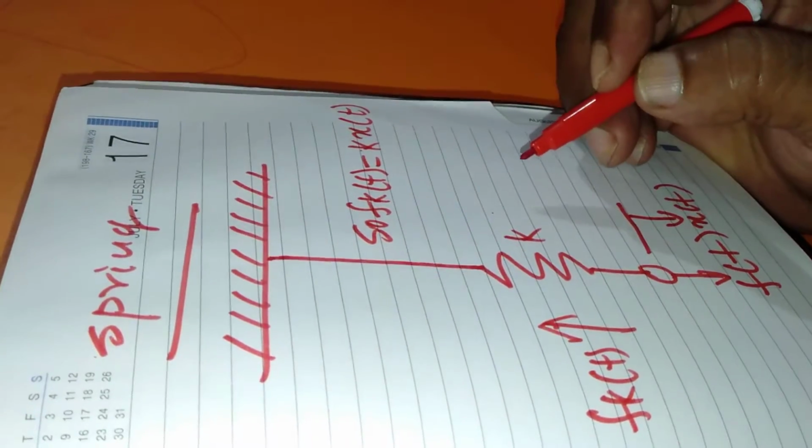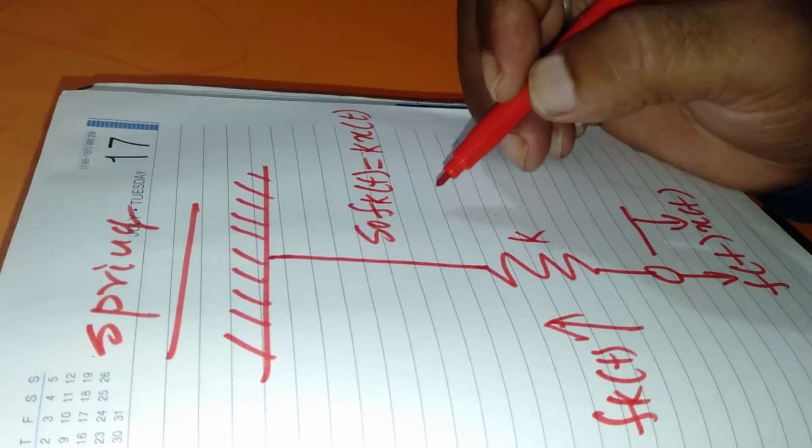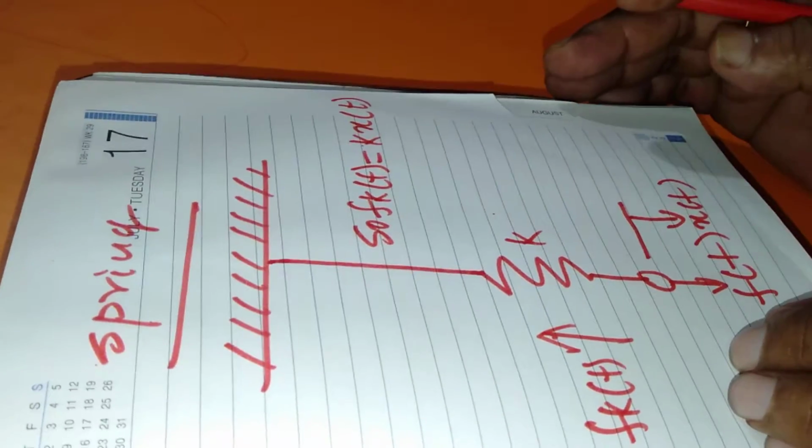So, this is the mathematical equation for spring.